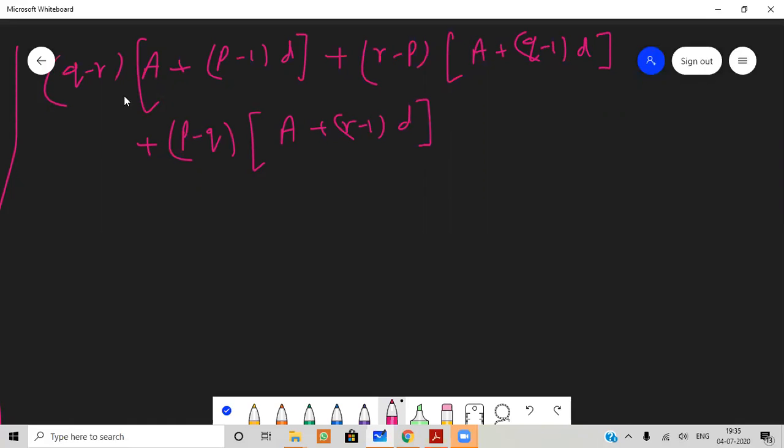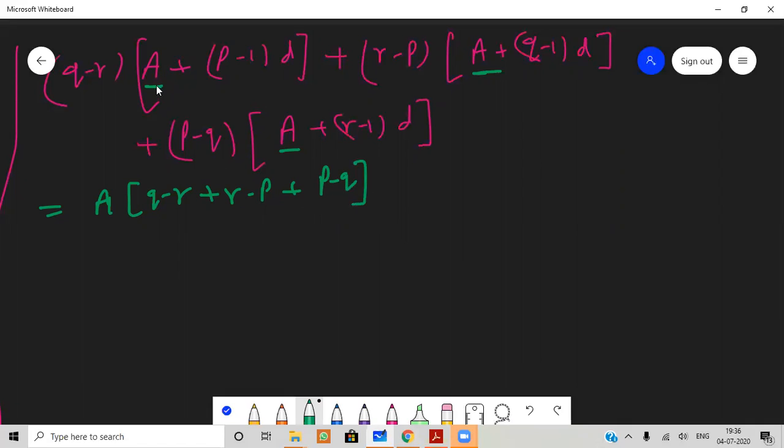When you open the bracket, q minus r will be multiplied with A, r minus p will also be multiplied with A, and p minus q as well. I see A here as a common thing. So I take A and multiply it with q minus r, second, with r minus p, and then p minus q.